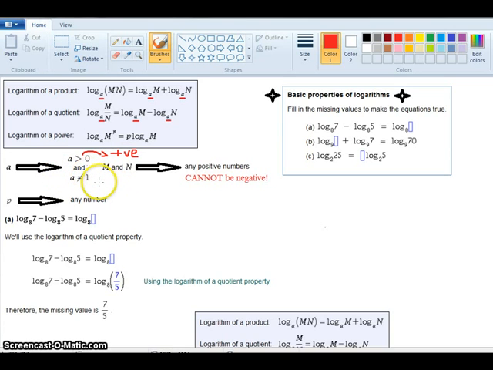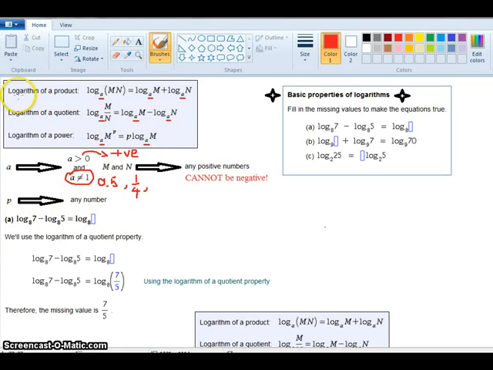So it could be 0.5, which is a positive number, or 1/4, which is 0.25 and is also positive. Any number as long as it's positive but not 1. That's for all these a's. And p, we're not talking about p yet, so we'll talk about p later on.